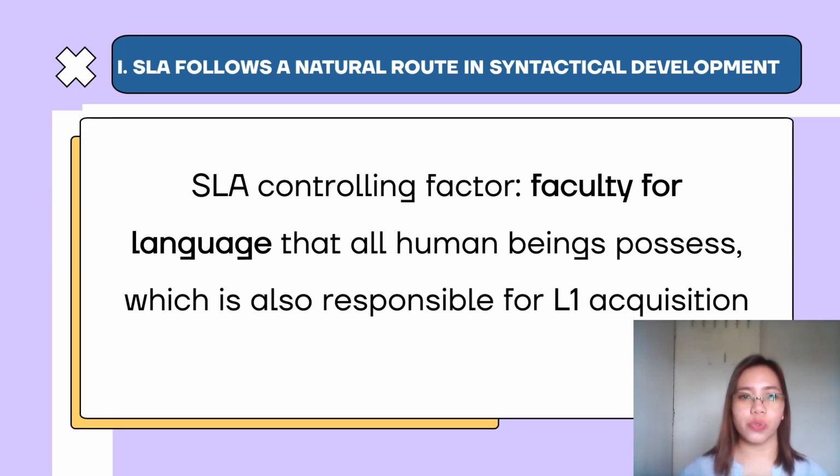It refers to the innate ability that all humans have for learning languages, often referred to as the language faculty. This faculty enables individuals to acquire their first language naturally and intuitively during early childhood.